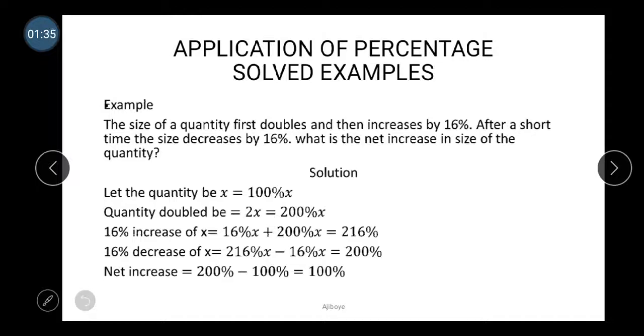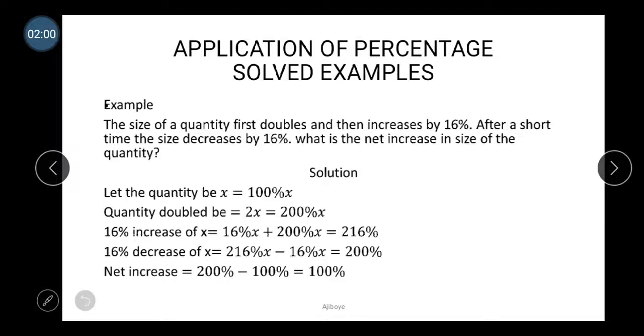So 16% of x will be added to the increase that we have earlier. That means 16% of x plus 200% of x, and that will give us 216% of x.